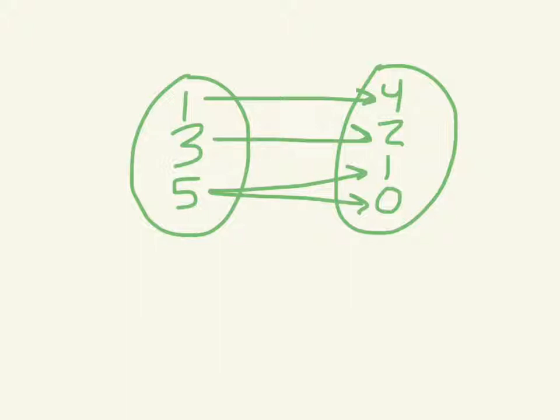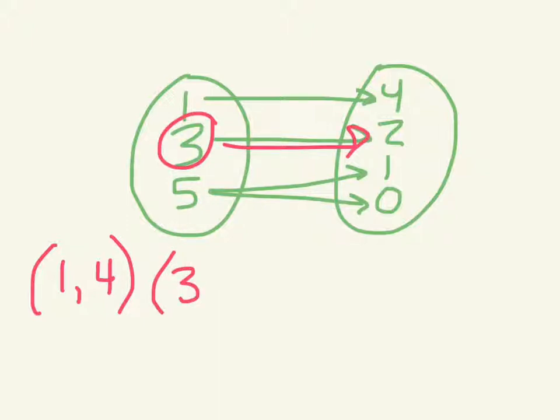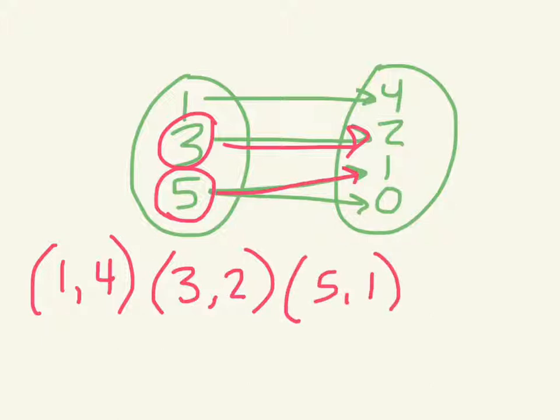So I'm going to say, okay, 1 goes to 4, so when x is 1, y is 4. When x is 3, right here, y is 2. Okay, now here's the tricky part. When x is 5, I'm going to follow the first arrow. The y is 1, so I'm going to write 5, 1.